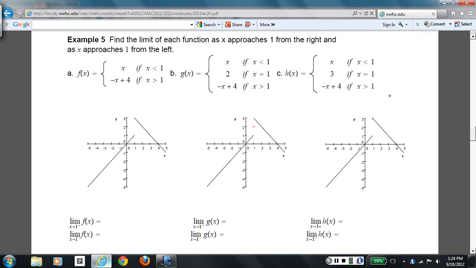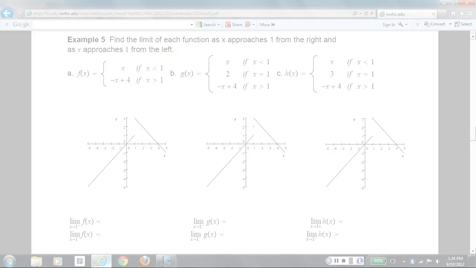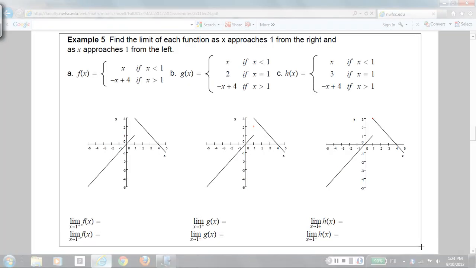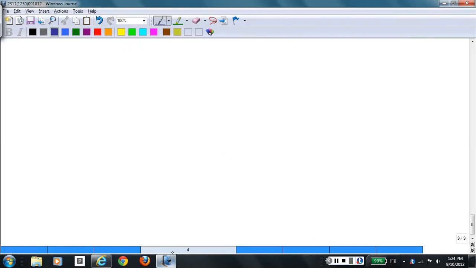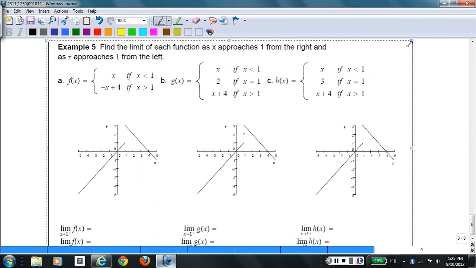We'll evaluate the limit as x approaches 1 from the right and as x approaches 1 from the left, and find that they're the same for all three functions. The left and the right are not the same as each other, but for f, g, and h, the one-sided limits all agree with each other.